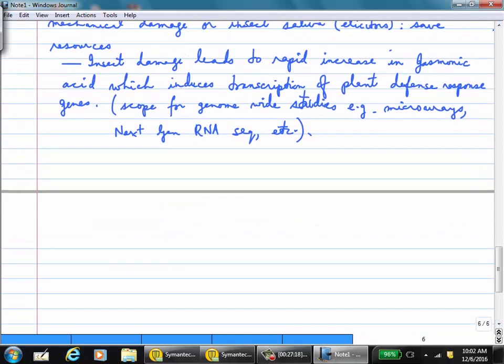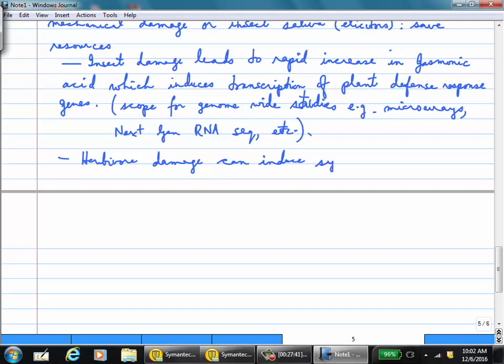Now, herbivore damage can induce a system-wide response also. Not just the local response at that point, but all over the plant it can produce responses. So how does that happen? So let's see. Herbivore damage can induce system-wide response.